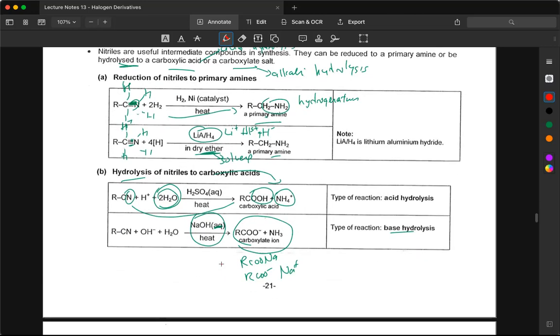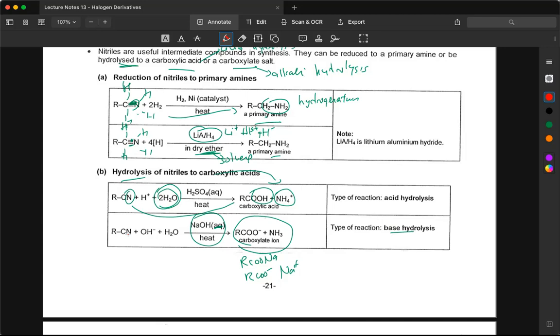In a base hydrolysis, we also form COO minus, but the N comes out to form NH3. So there's no H attached to the RCOO for the base hydrolysis, unlike the acid hydrolysis.